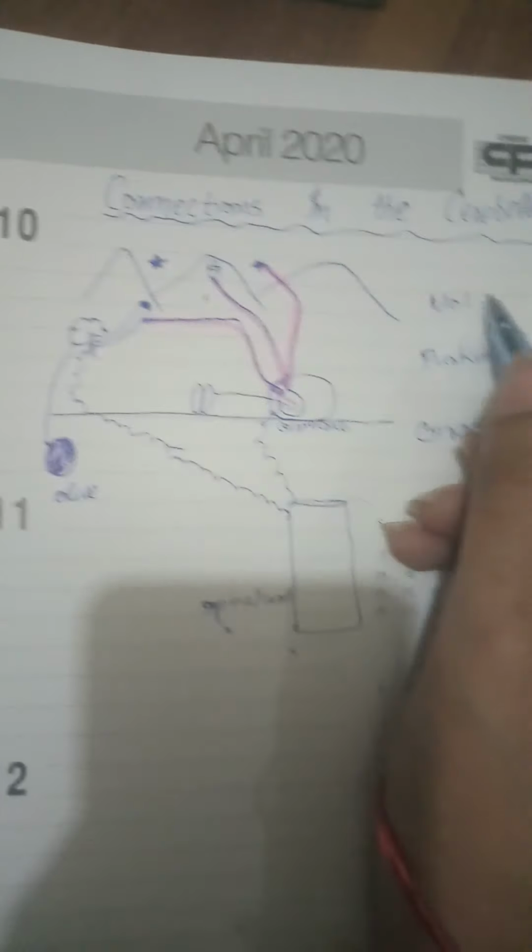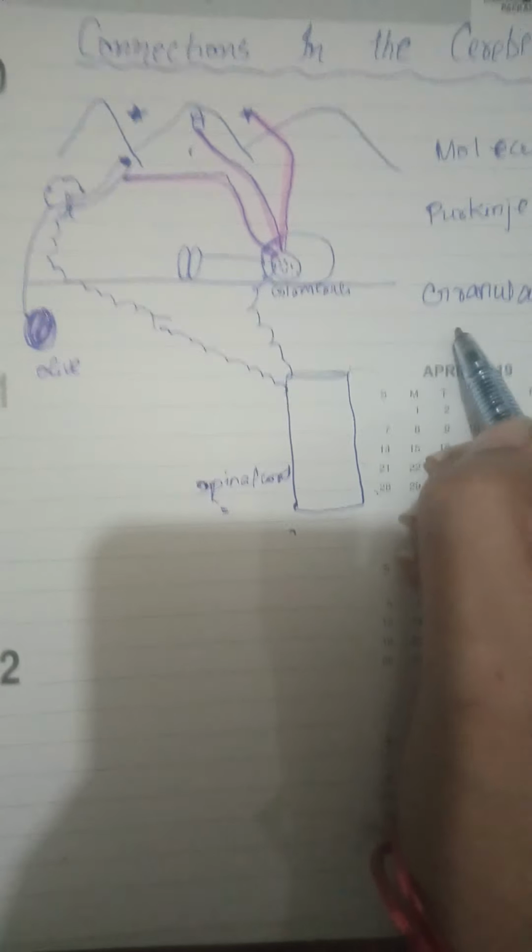Okay, now, how do I remember? Because we have a lot of things to remember, and it's really difficult to remember where a layer lies, or where the Purkinje lies, where the granular lies. So we have a story. Granular starts with G, so this is the ground.